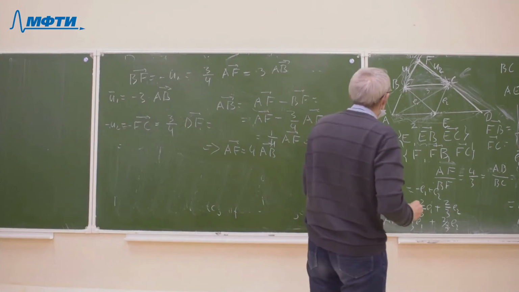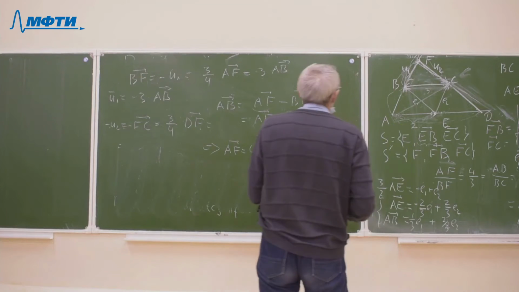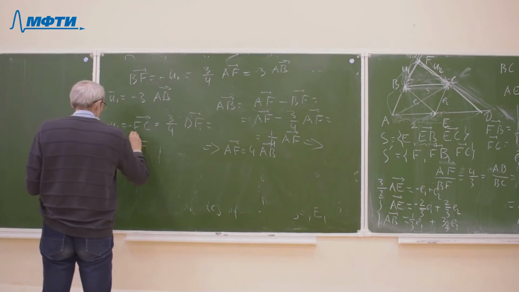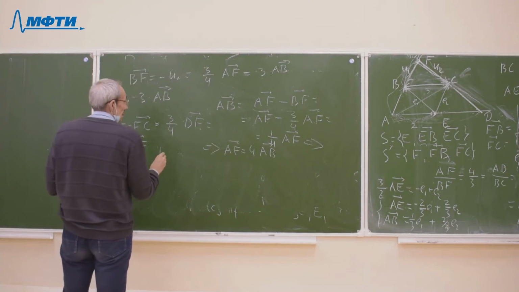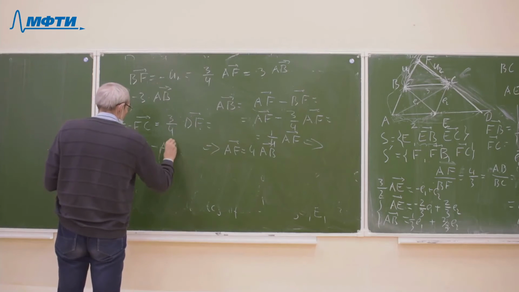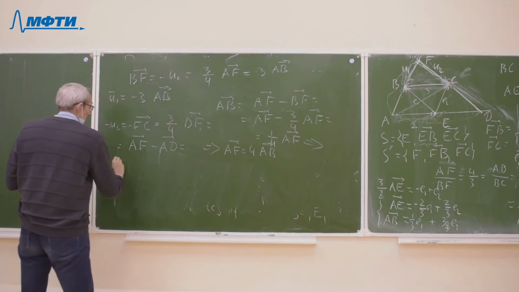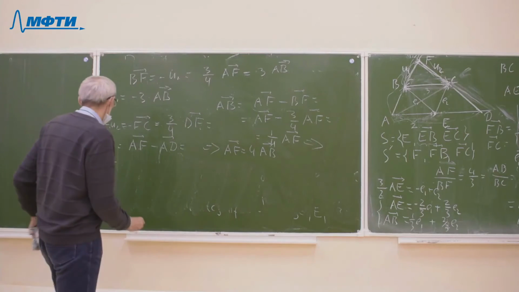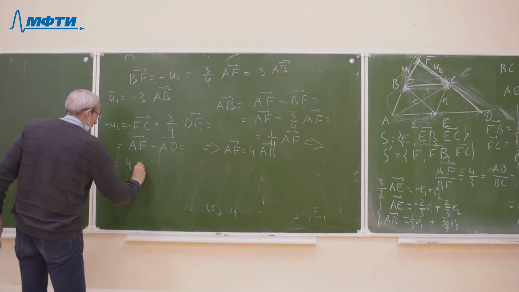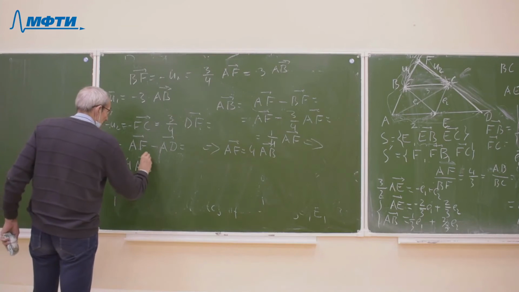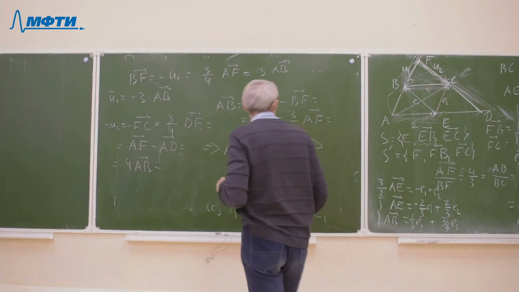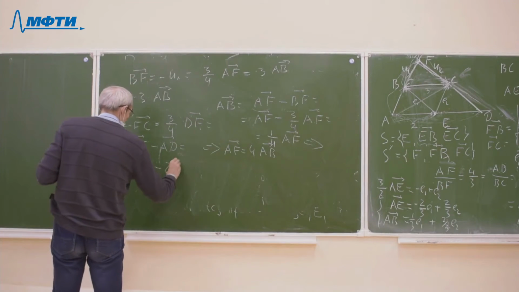DF is equal to AF minus AD. AF is equal to 4AB. AD is equal to 2AE.